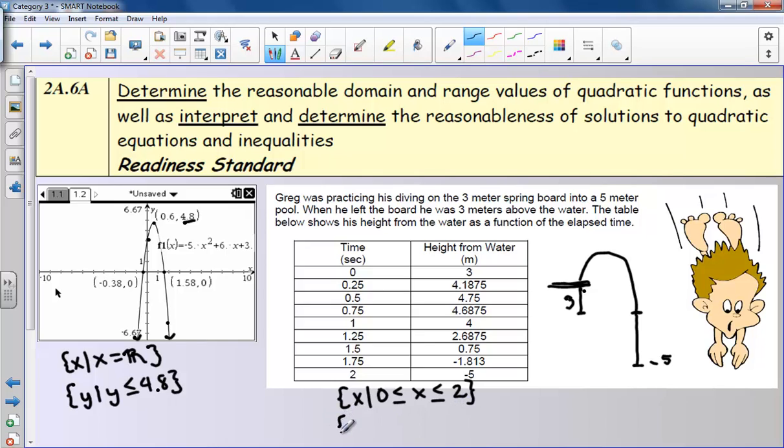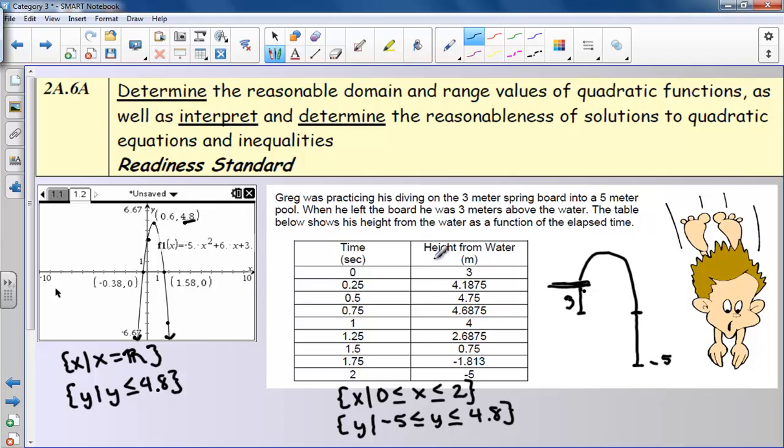My reasonable range is going to be everything from, we start with the lowest number, from the bottom of the pool up to his maximum height, which was 4.8. And these are continuous because we can have parts of time and we can have parts of height measurable as continuous. So that is a reasonable domain and range.